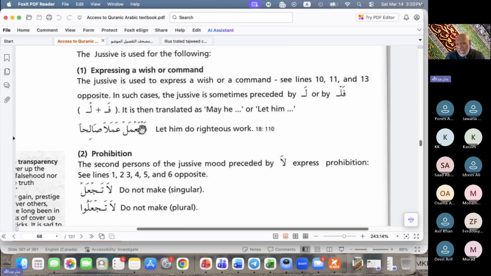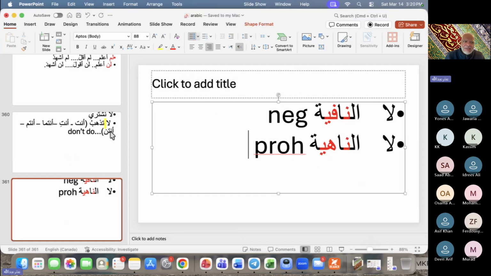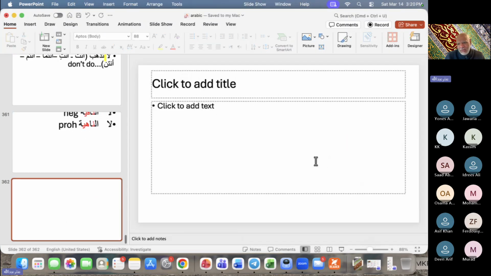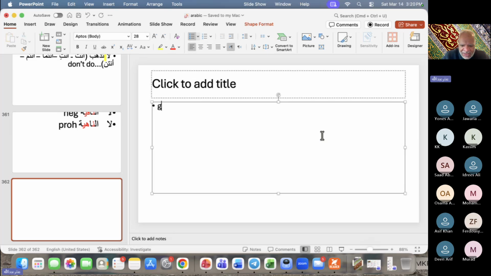So we have seen two lams, and both are followed by فعل مضارع. One of them will be a marker for mansub, and one of them will be a marker for مجزوم. So both verbs are here. You need to review this a lot, inshallah. ليعمل, and the same ليعمل.